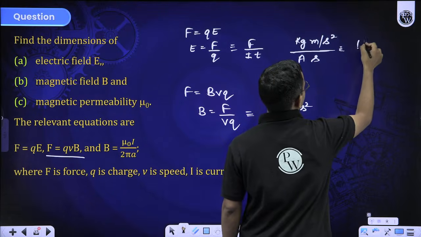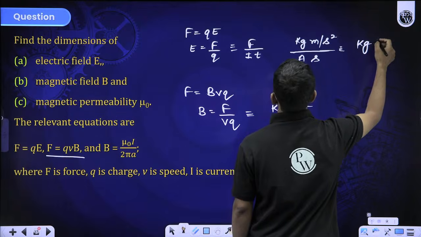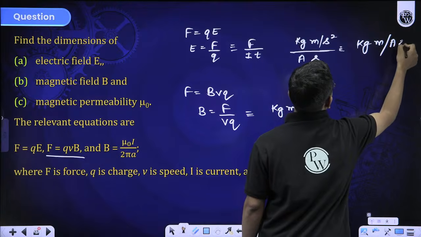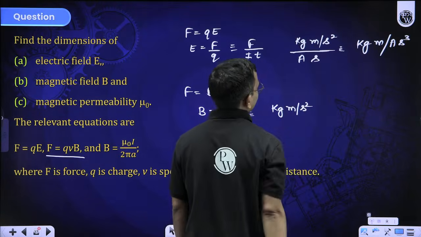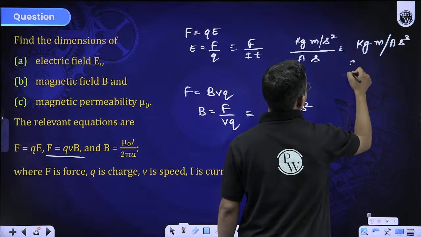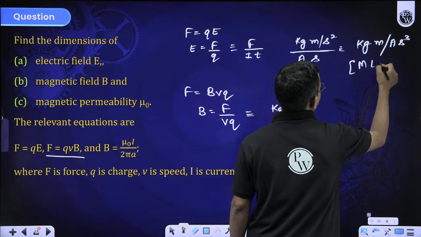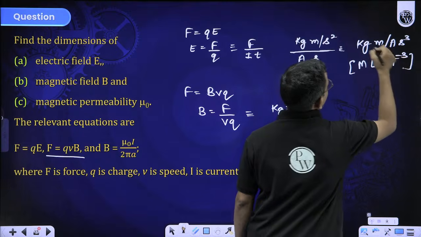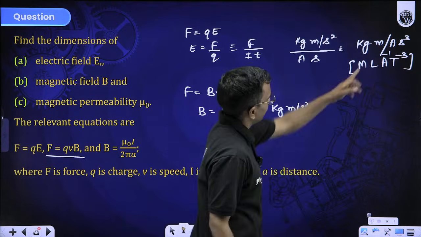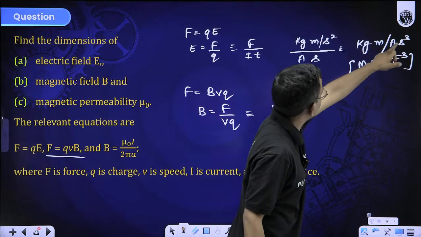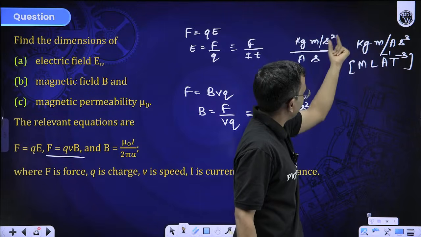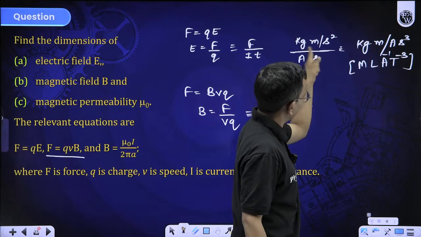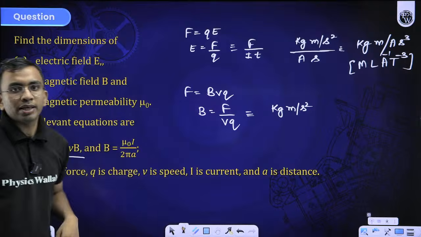So it is kg meter per ampere second cube, and if you write the dimensions, it will be M L A T minus 3, A minus 1 T minus 3. A is also in the denominator, therefore A minus 1, and the second cube is in the denominator, so T minus 3. For meter we have L, for kg we have M.